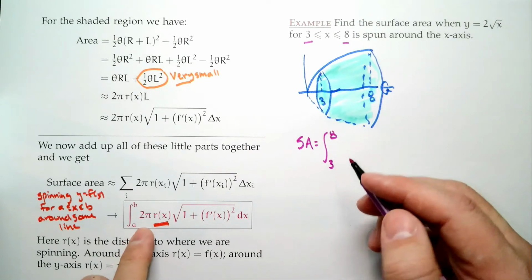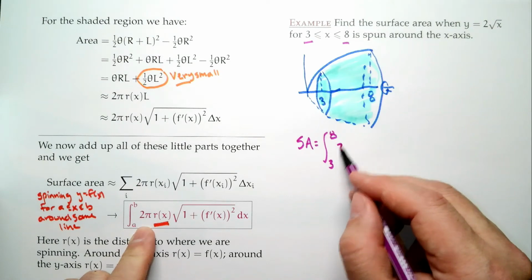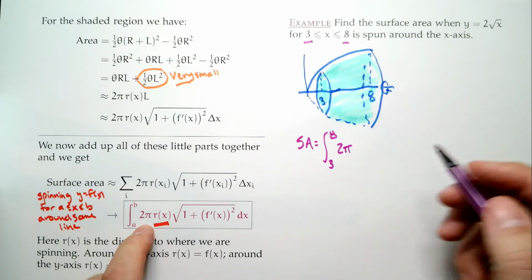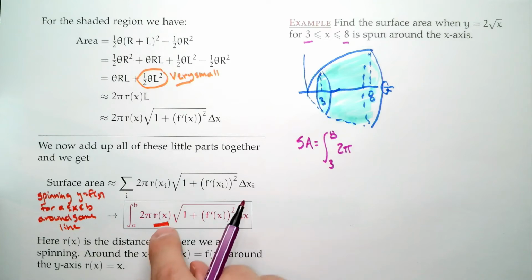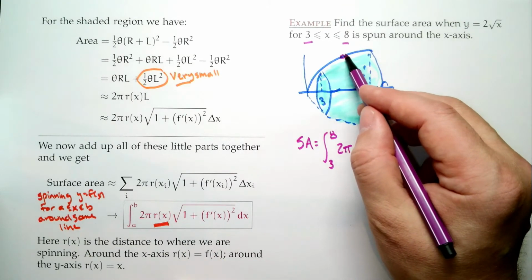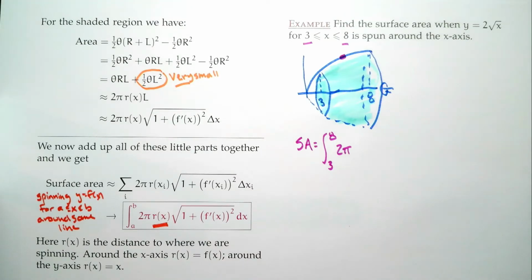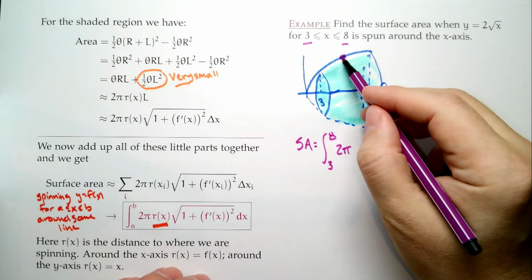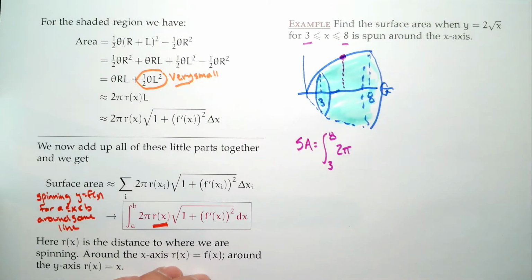Now, what will the 2 pi become? Yeah, it's 2 pi. That's the easy one. Okay, now the r of x. So we should think of it as we have a little tiny piece. It doesn't matter whether you're integrating with respect to x or with respect to y. You always think of it, there's a little tiny piece that I'm spinning. How far am I from where I'm spinning?